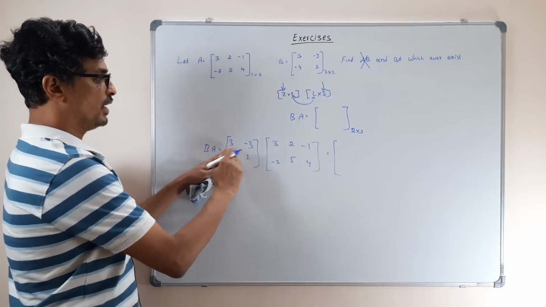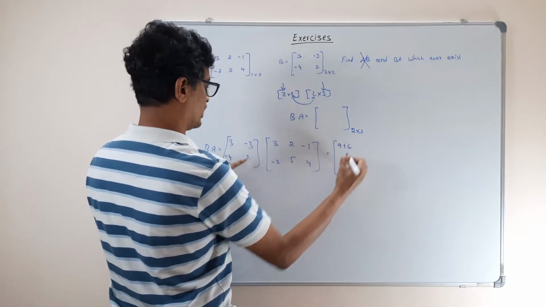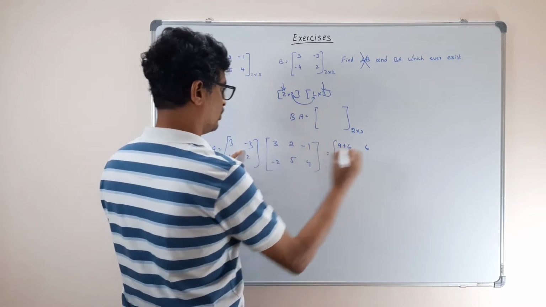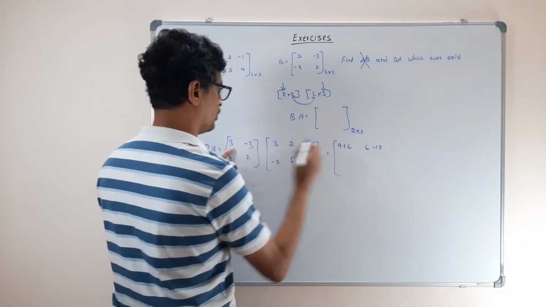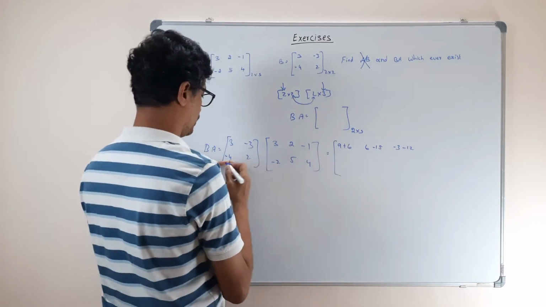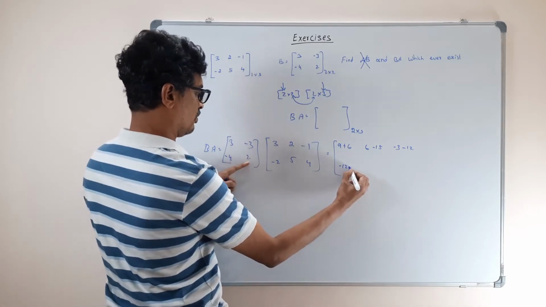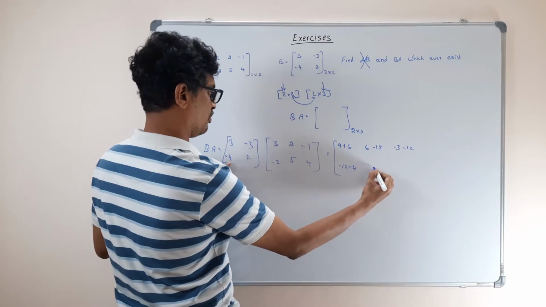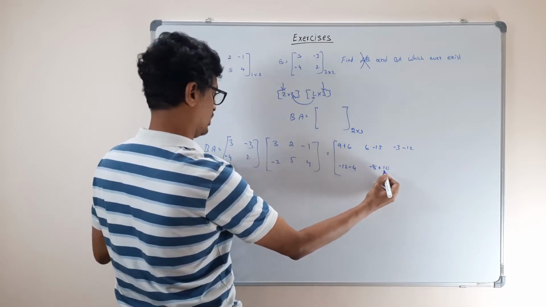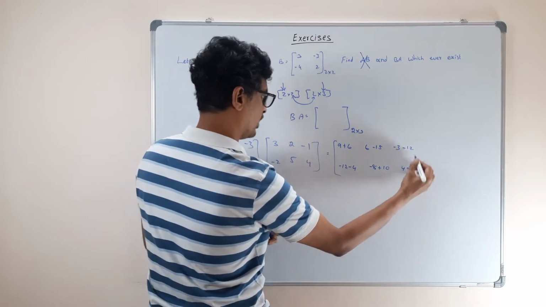Row and column, right? 3 3s are 9 plus 6, then 3 2s are 6, correct? Minus 15. Then 3 minus 3, minus 12. And tell me this one. Minus 12, minus 4, minus 8, plus 10. 4 4s plus 8, right?